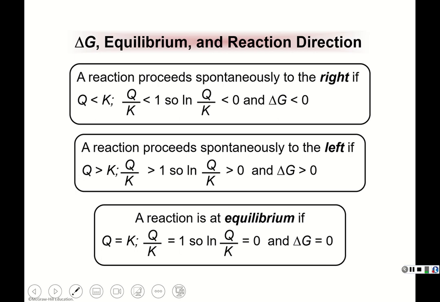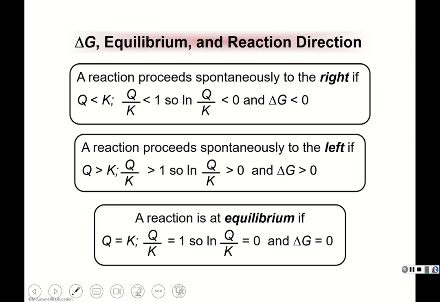Well, what does delta G mean? Remember, a negative delta G means the reaction's spontaneous. So that's a case where the reaction is going to spontaneously go to the right. The opposite of this would be when Q is bigger than K, so that ratio will be larger than 1. The natural log of that would be a positive value.